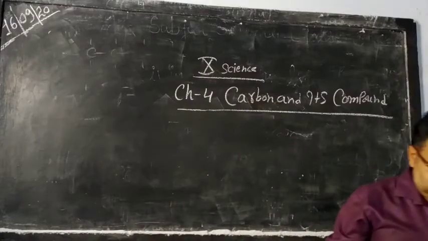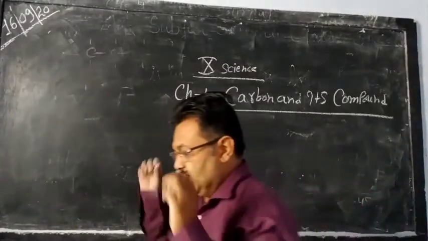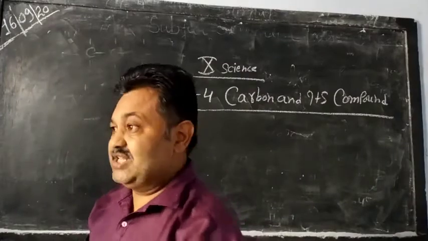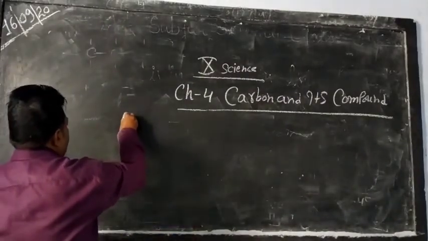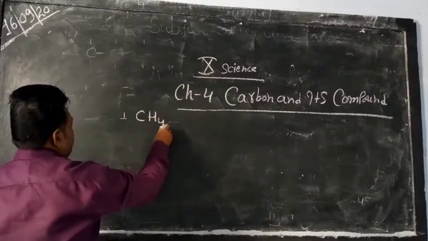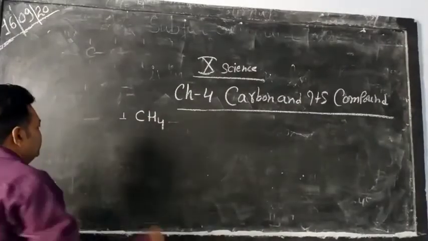Now we can see the example of single, double and triple covalent bond in carbon. First example, you have seen earlier. First one is methane. It is the example of single covalent bond.